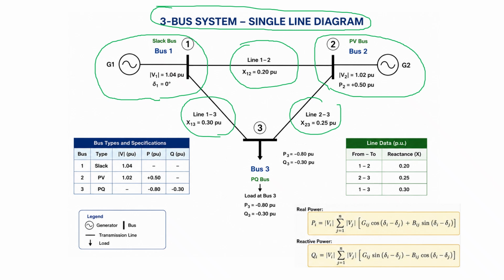But in addition, we have a constant voltage angle for the slack bus, whereas we have a fixed load for the PQ bus. And on the diagram, this legend is used to represent the one line diagram.